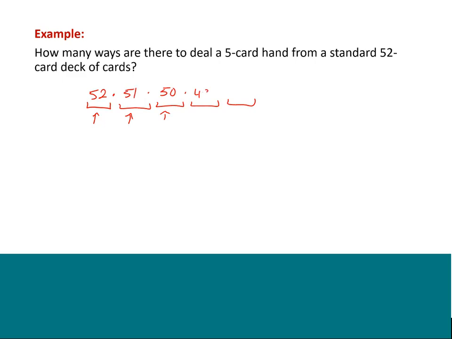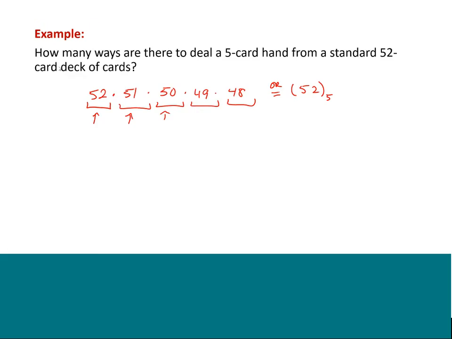Perfect. Now, if we want to write out what this means in terms of symbols, this is exactly our falling factorial. So this would be 52 falling factorial 5. Remember, the part inside the parentheses means you started with 52. The part in the subscript meant that you selected or you gave out 5 different cards.